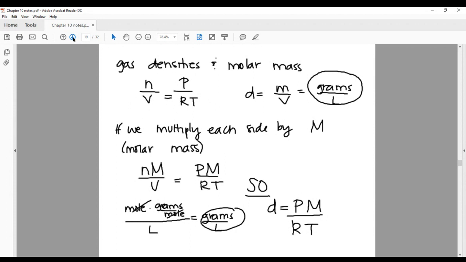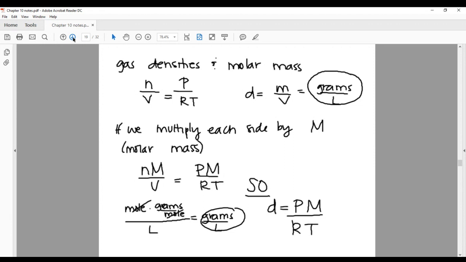Now remember, density is mass over volume. With the ideal gas law, we can determine the number of moles over volume. But if we multiply each side by the molar mass, on the left side I have moles times grams per mole, so the moles cancel out. I'm left with grams per liter, which is density.